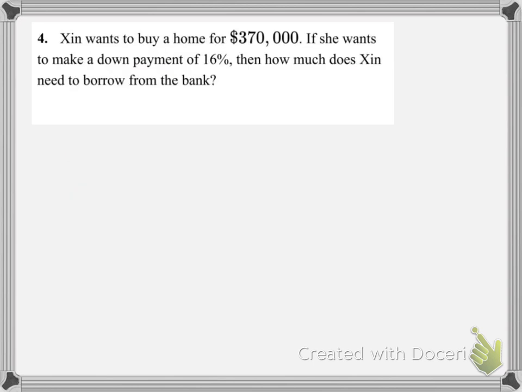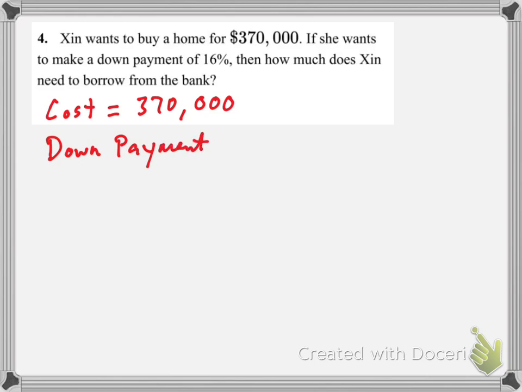Last one. Zin wants to buy a home for $370,000. If she wants to make a down payment of 16%, then how much does Zin need to borrow from the bank? Okay. So, the cost is $370,000. Okay? Now, the down payment, they did not give us a numerical amount. They gave us a percentage.